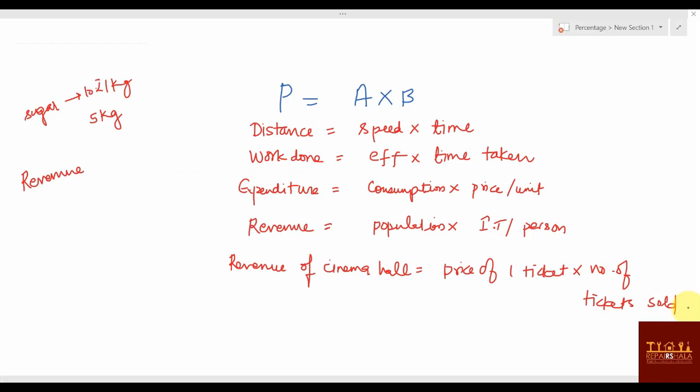All these things come under P equal to A into B. Whenever these come, for example population increase, you can apply the successive increase or decrease. How we can apply that, we will see through the questions. If it is not clear at this point of time, it will be clear when I am solving the questions.